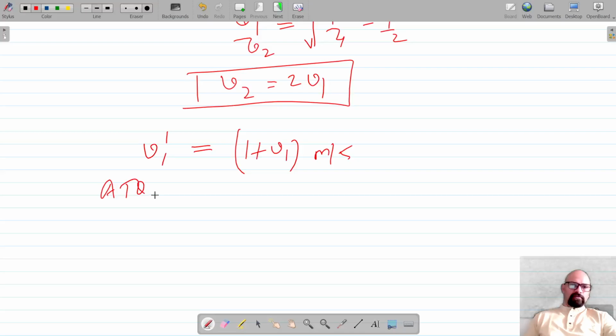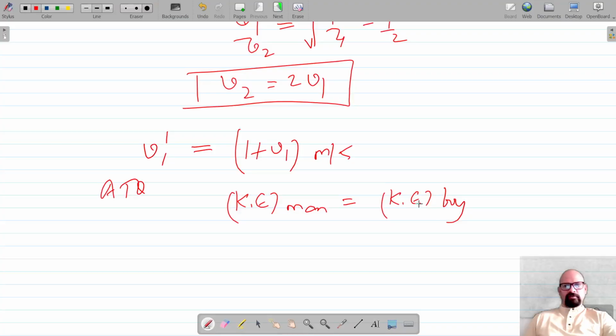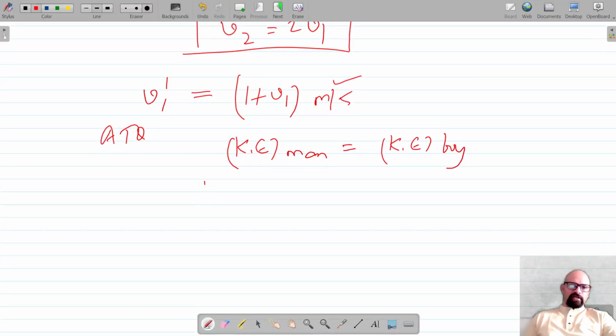And according to the question, now the kinetic energy of the man is equal to the kinetic energy of the boy when the man speeds up by 1 meter per second. So the kinetic energy of the man is half m1 into the new speed v1 dash squared.